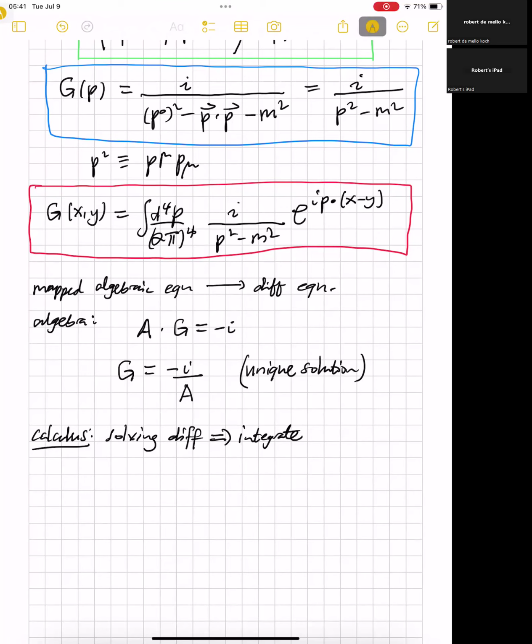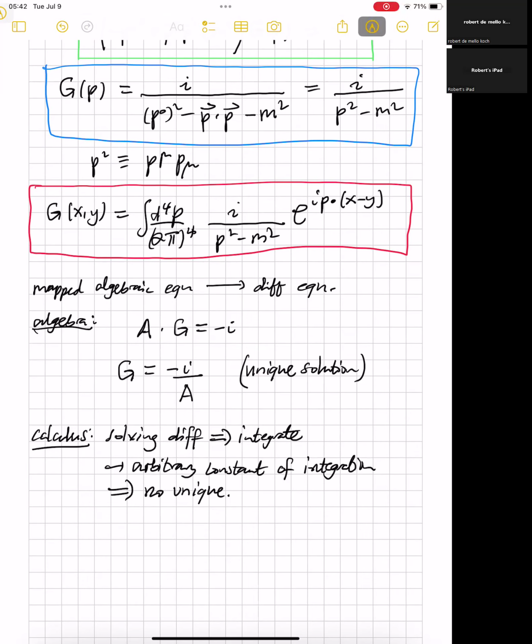But whenever you integrate, there is an arbitrary constant of integration. And what this means is there is no unique solution. So it looks a bit suspect that we've mapped a problem from algebra into a problem of calculus, because the algebra equation has a unique solution, whereas the calculus equation doesn't.